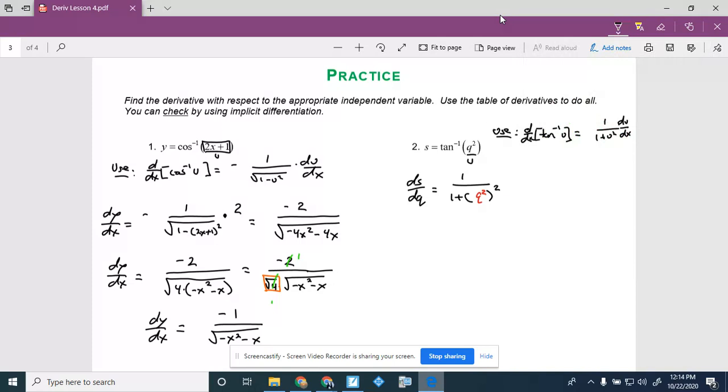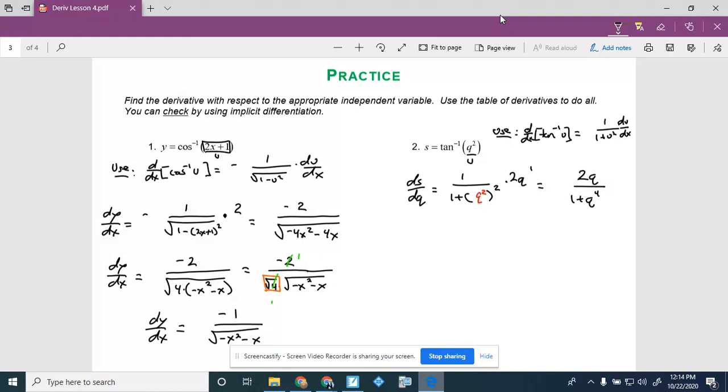What does that end up being? That's just going to be 2q to the 1. This one's pretty simple and cleans up nicely. It's just going to be 2q up top, and at the bottom, 1 plus q to the 4. So there's no fancy stuff with radicals here. Just be careful with the s's and the q's. Don't let it mess you up.